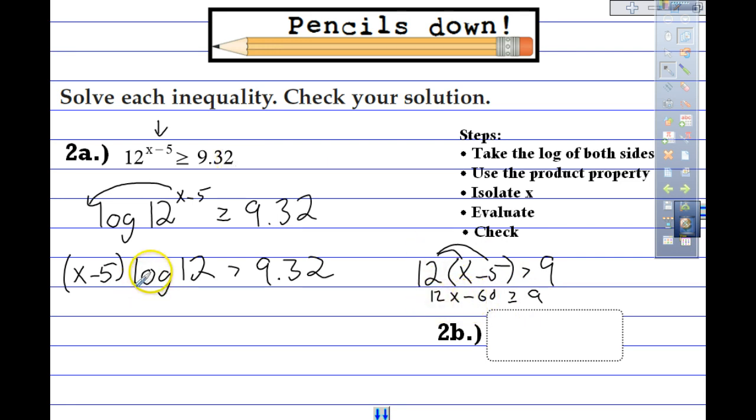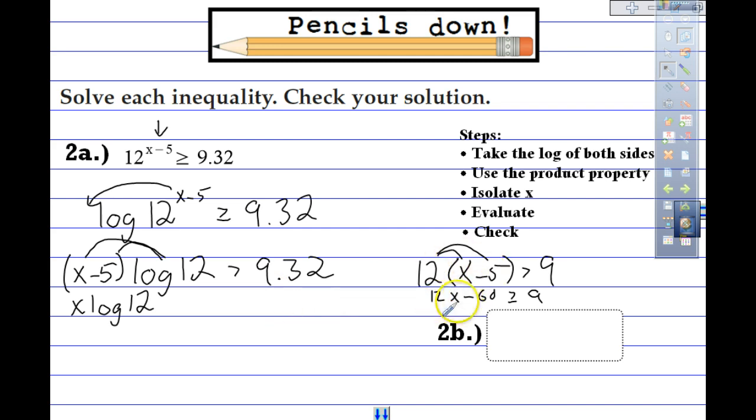We're going to do the same thing here. Instead of distributing 12, we're going to distribute log of 12. And notice it's behind it, so it'll work this way. So we have x log of 12, minus 5 log of 12. Okay.